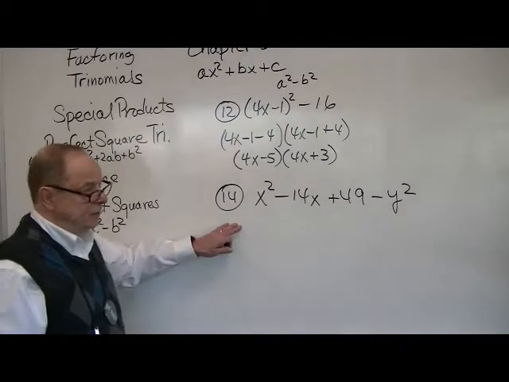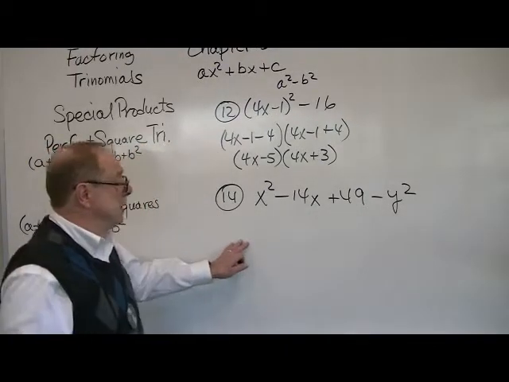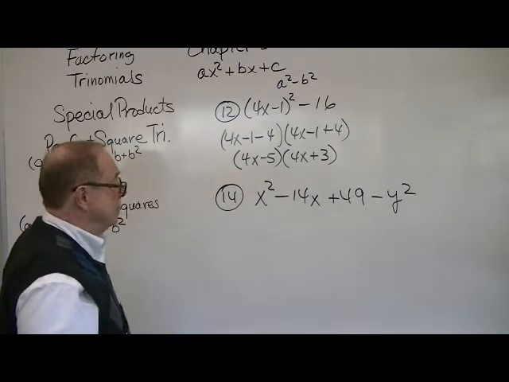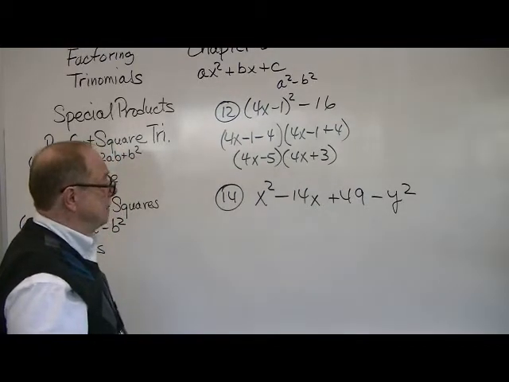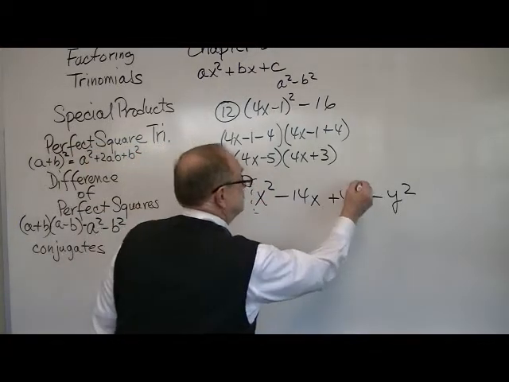Now as you look at number 14, again you might say, oh, 4 terms, I'm going to factor by grouping. But no, that's not the way to do it. You have to think of it sort of like this.